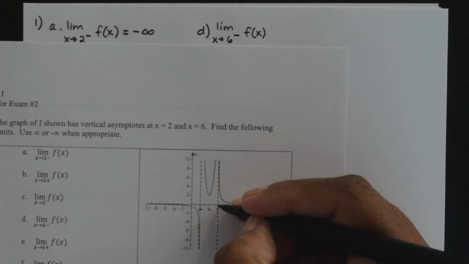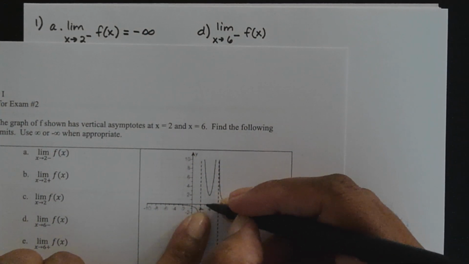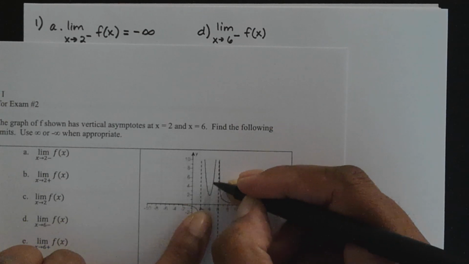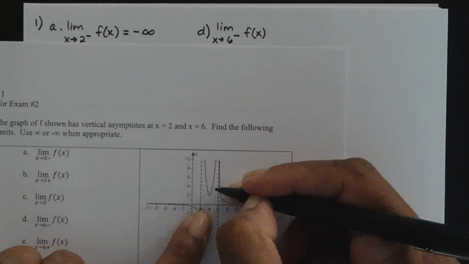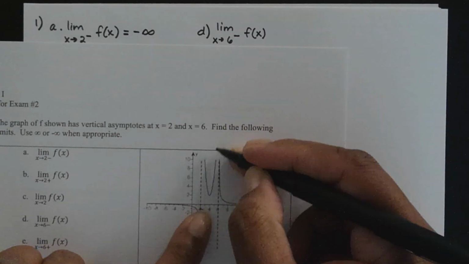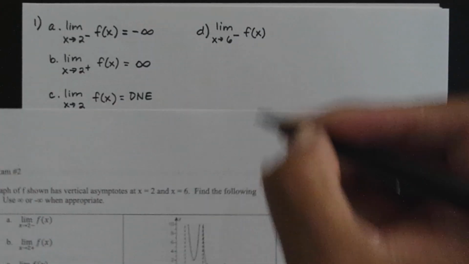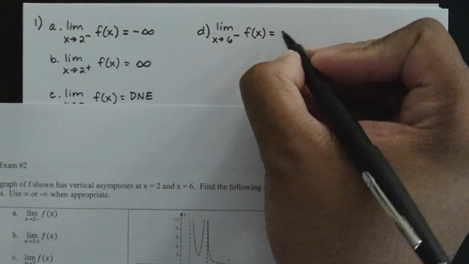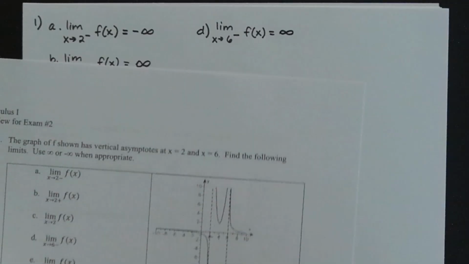Here's 6 right here. As we come from the left of 6, notice where this is going. Upward. So it's got to be going to positive infinity. We look at the curve, or the U shape.